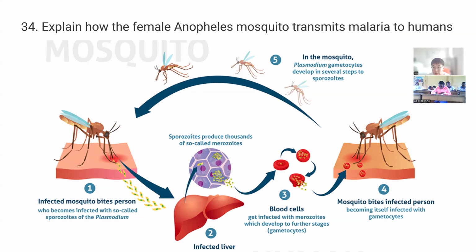And this is the process that generally happens. So, an infected mosquito that has the parasites bites a person, and these parasites are called sporozoites, these active forms. And these parasites are of a species called Plasmodium.